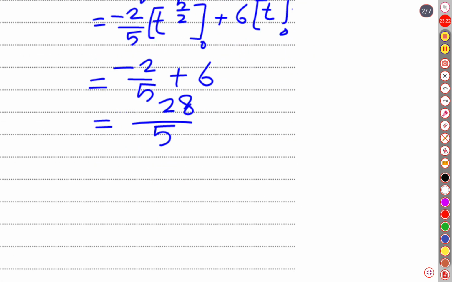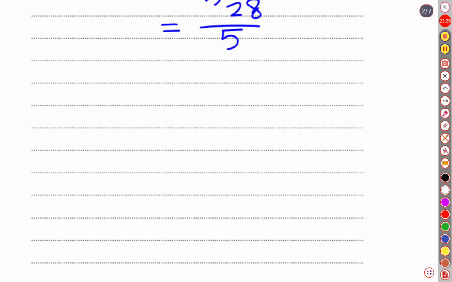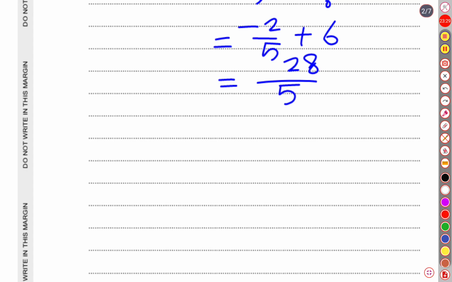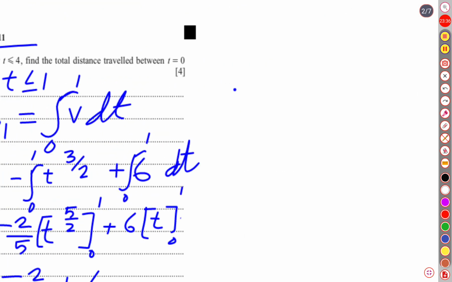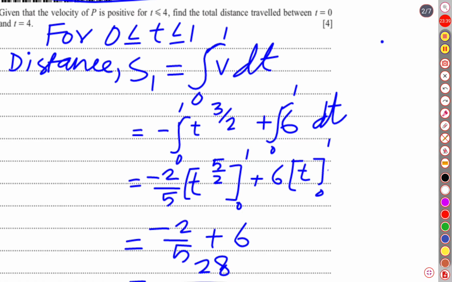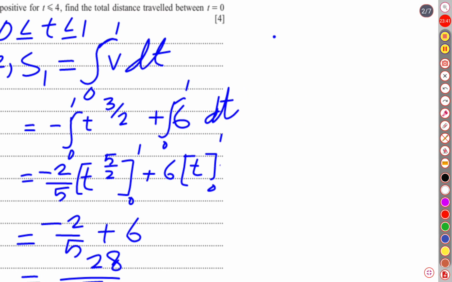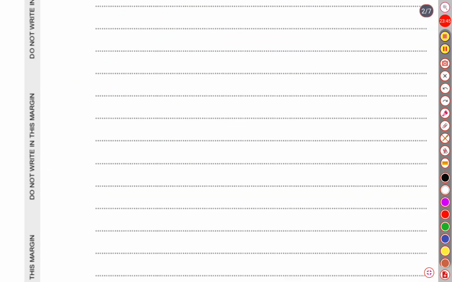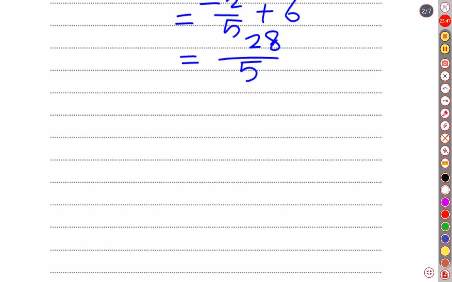For the second phase, we will write, or can we write just beside this? I think we can. For the second phase, the graph is lying above the x-axis, so it must be positive.